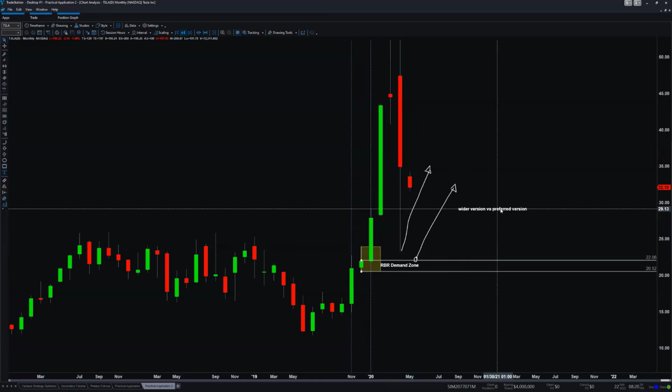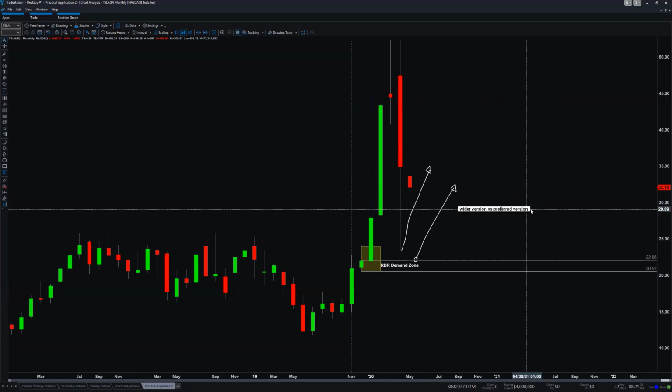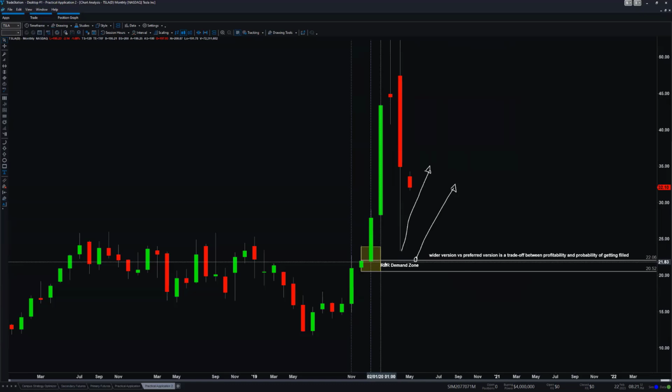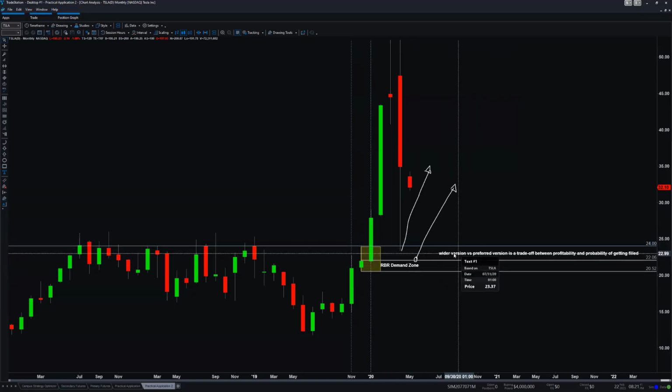So wider version versus preferred version is a trade-off between profitability and probability of getting filled, or in other words, being in the trade. So in this example, with the wider version, we would have been filled. With the preferred version, we would have not been filled. We would have not been in this trade.